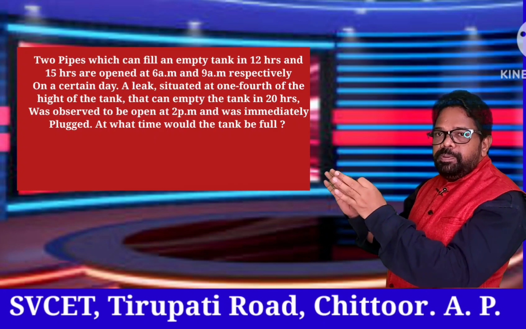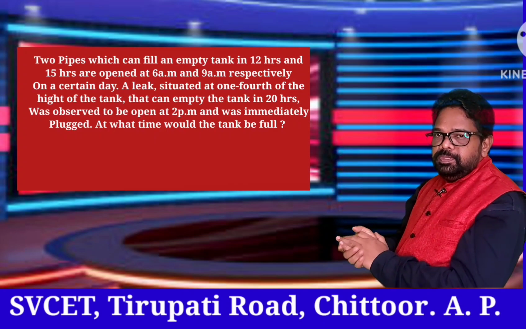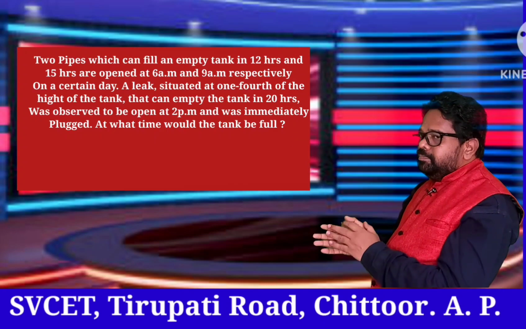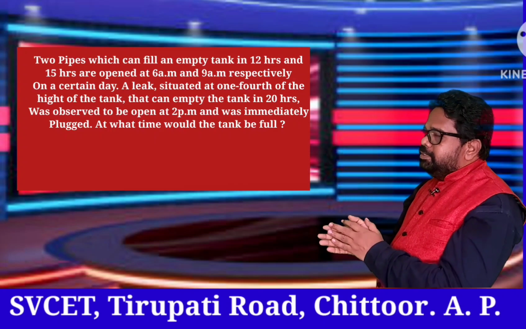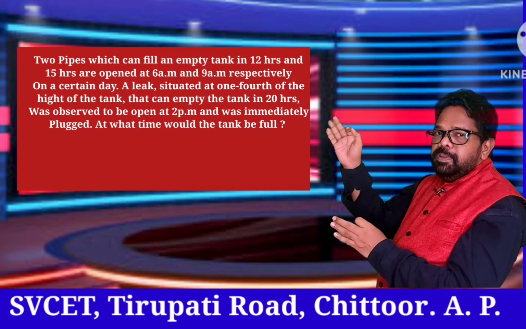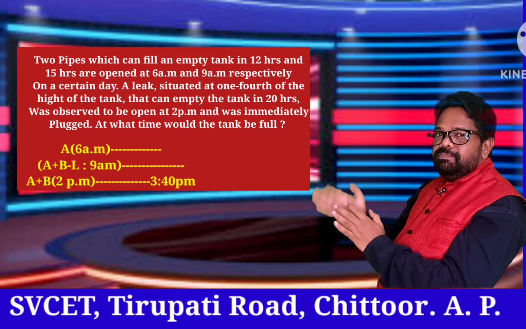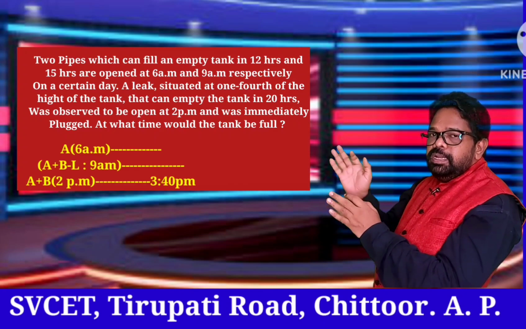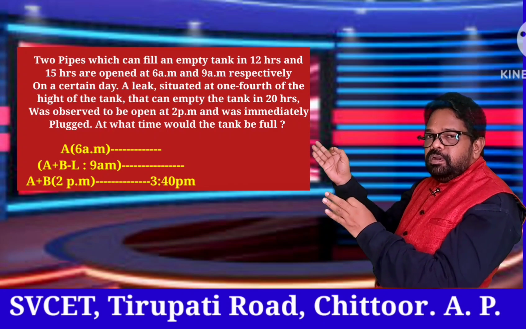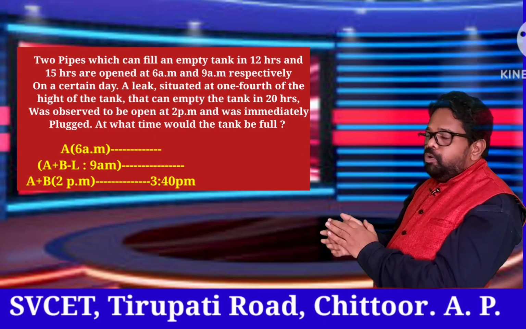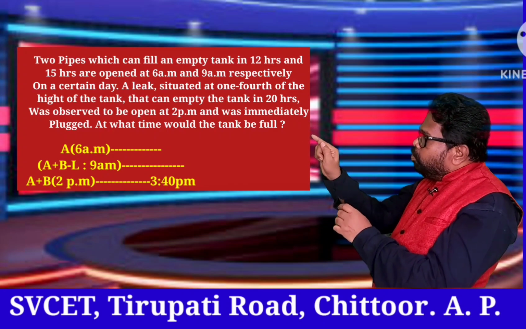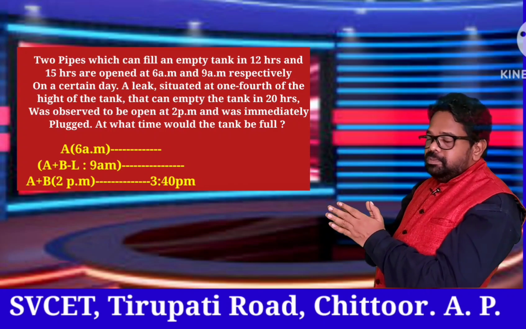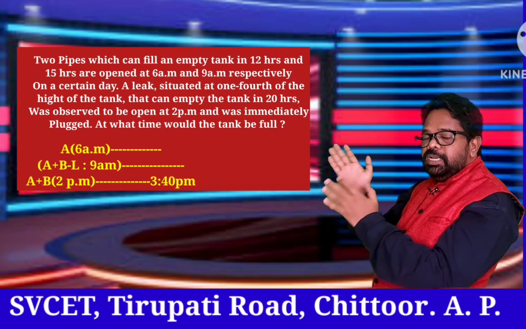So by observing the key notes, there are two pipes. Let them be pipes A and B. Their capacities are given clearly, 12 hours and 15 hours. Let pipe A open at 6 am, and pipe B open at 9 am. Now pipe A alone works for how long? 6 o'clock to 9 o'clock, it is 3 hours.